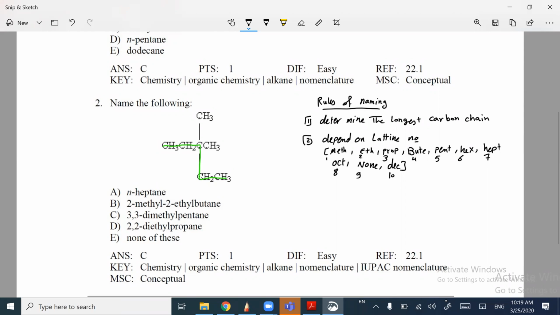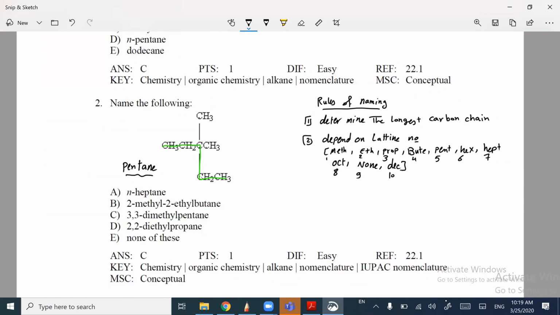Number 3. So the name for the longest carbon chain here will be pentane. From where do we determine that it is pentane? Since all the bonds between the carbon atoms are single.